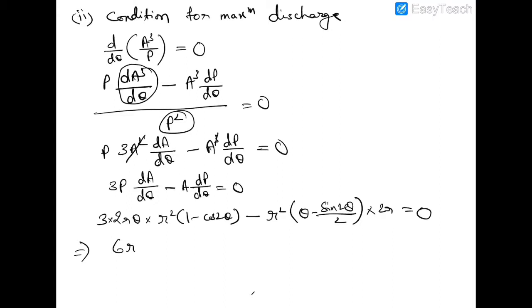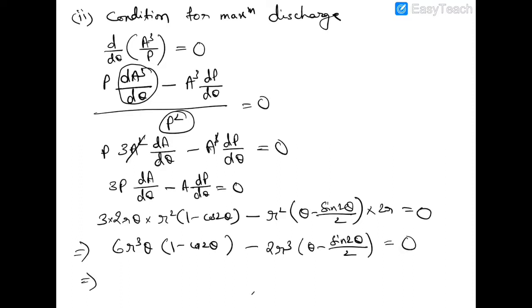Here this will become 6r cube theta (1 minus cos 2 theta) minus 2r cube (theta minus sine 2 theta) divided by 2 is equal to 0. This will cancel out. 2 3s are 6. 3 theta minus 3 theta cos 2 theta minus theta plus sine 2 theta divided by 2 is equal to 0.